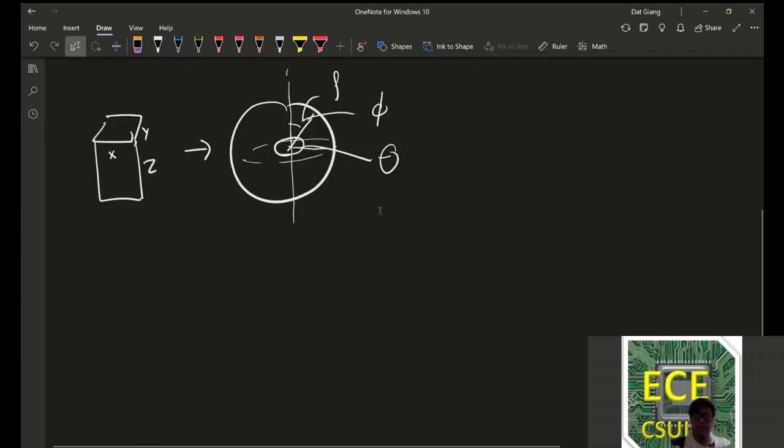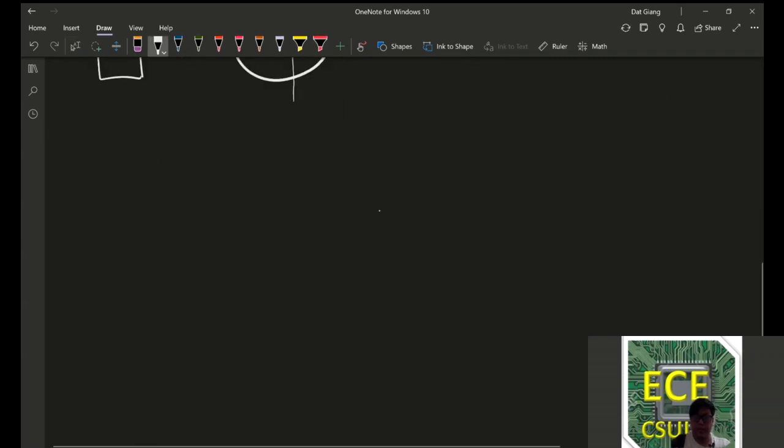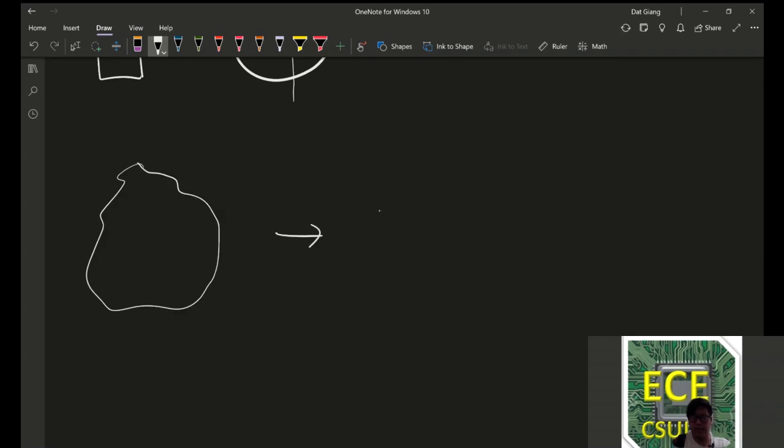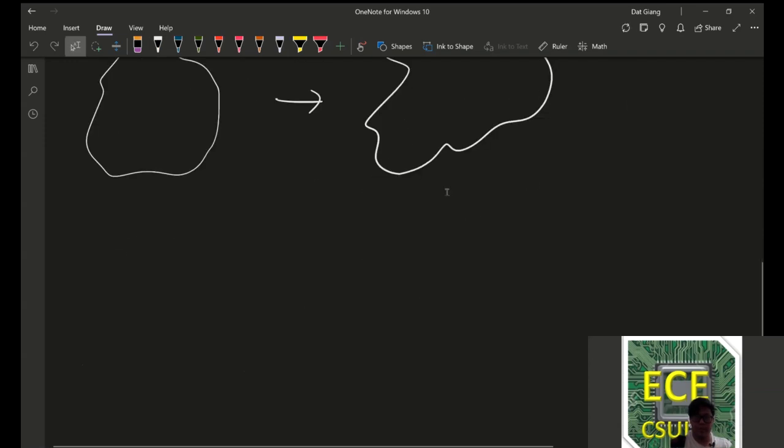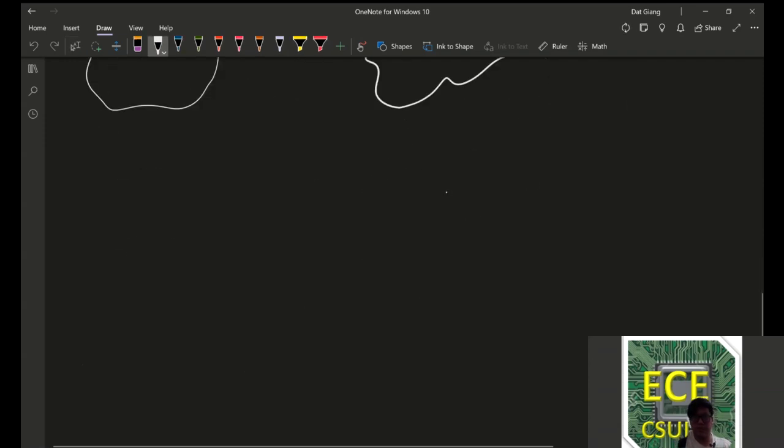Now, what happens when we just have any kind of space converted to any other kind of space? So suppose it was contained with u1, u2, u3 as our parameters, and then we have maybe v1, v2, v3. Well, at least for this specific situation, the Jacobian doesn't change.